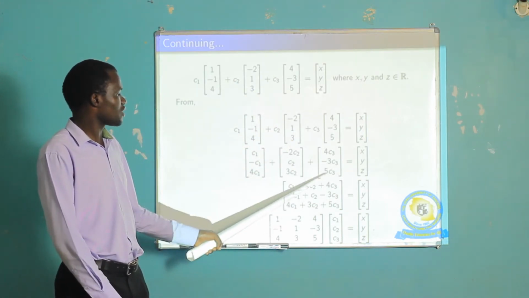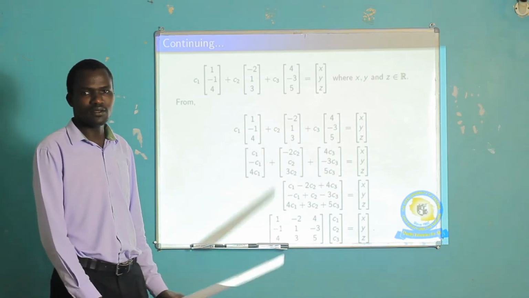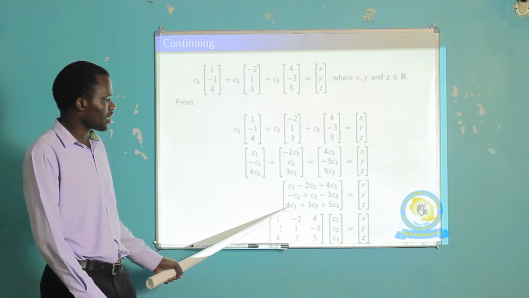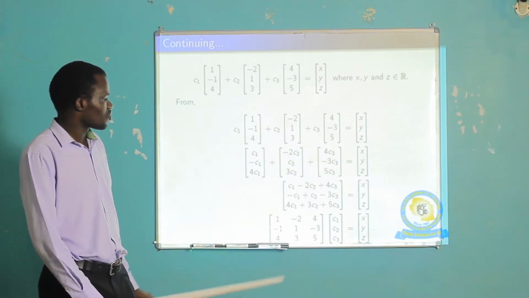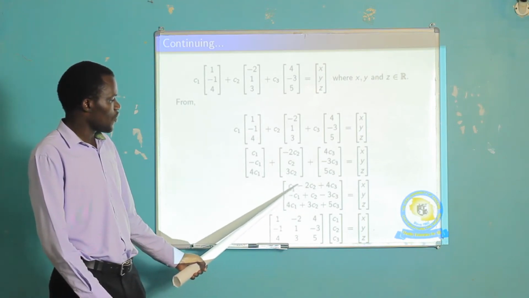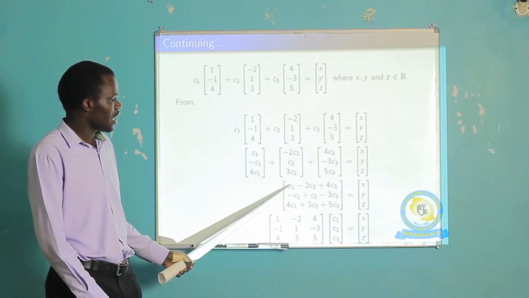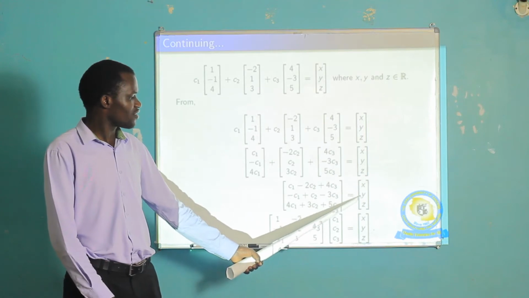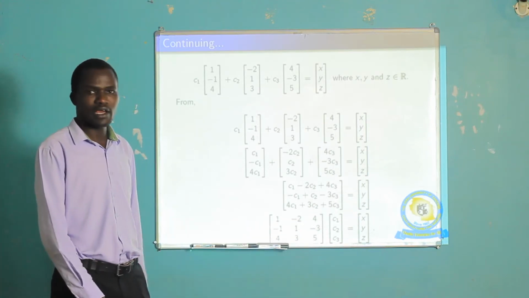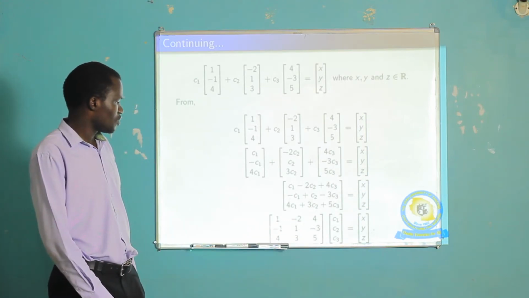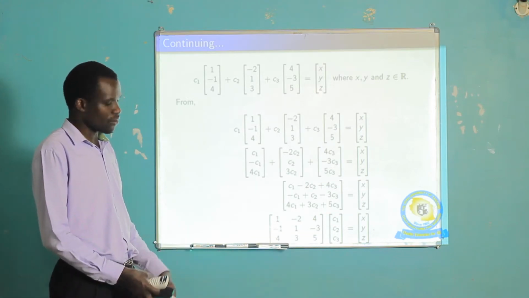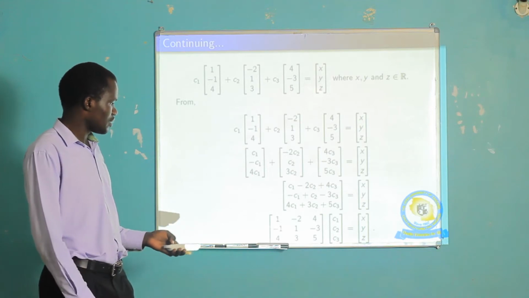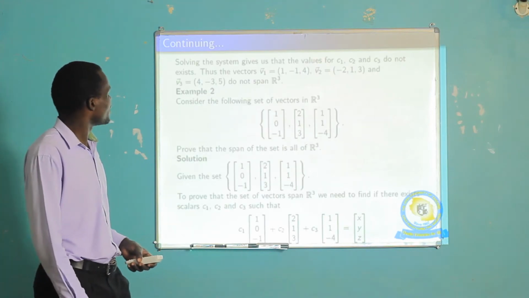After multiplying, we add them together into a single vector like this one. So look here, we have three unknown numbers, and we take x, y, and z as general real numbers. Now we can take this outside and solve it simultaneously as a system of linear equations.